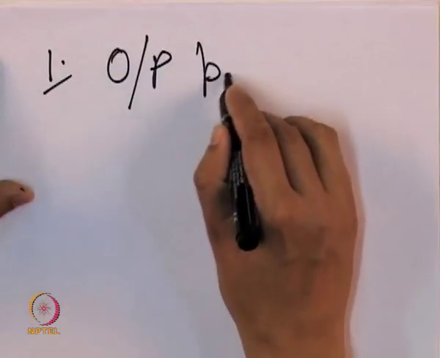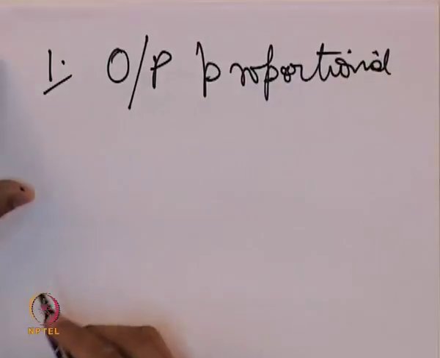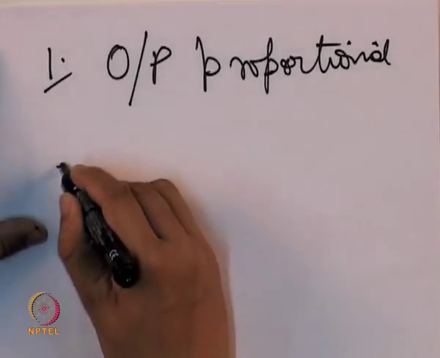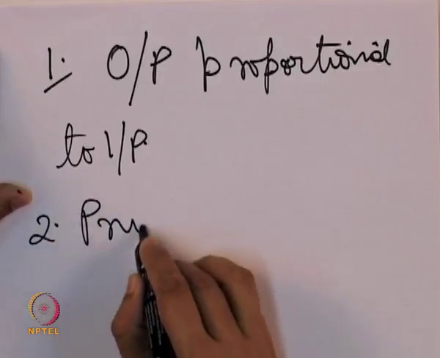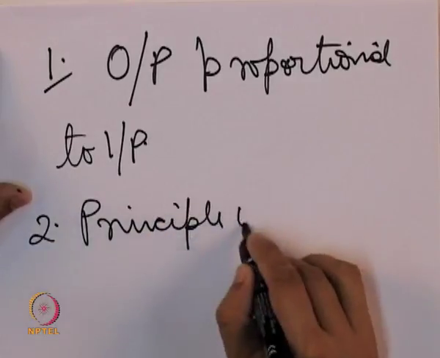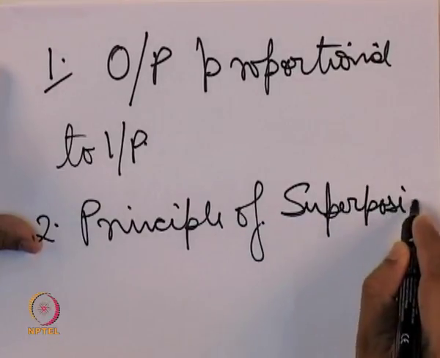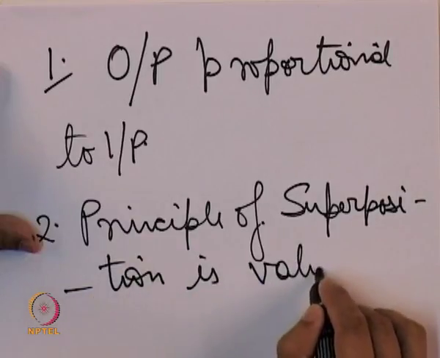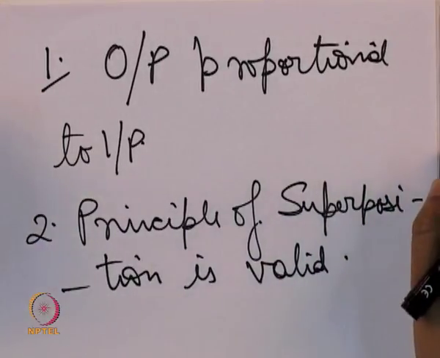These are the two main linearity properties which strict linear systems have: output proportional to input, and the second is the principle of superposition is valid. So, any circuit which does not follow any one of these two principles is a nonlinear circuit.